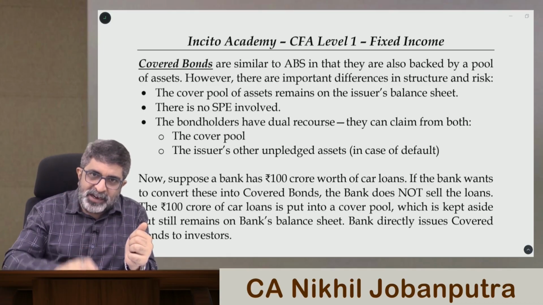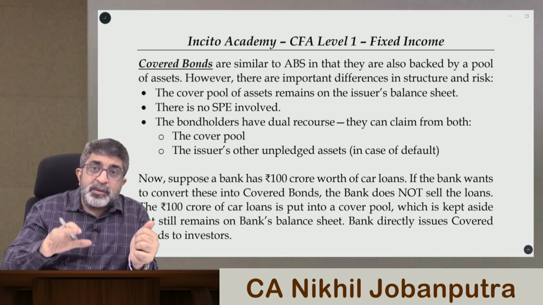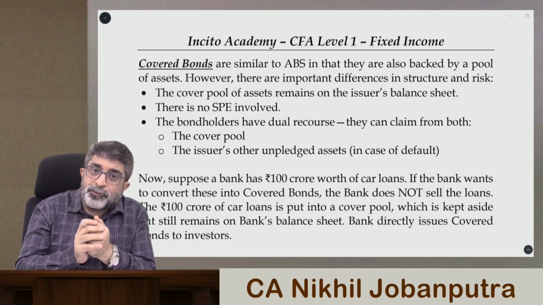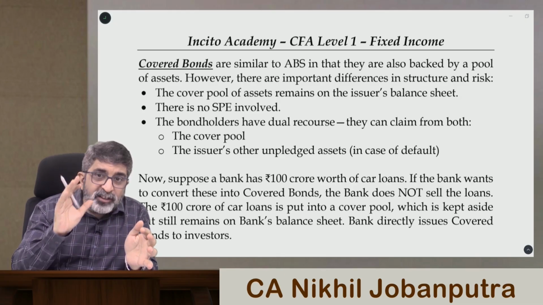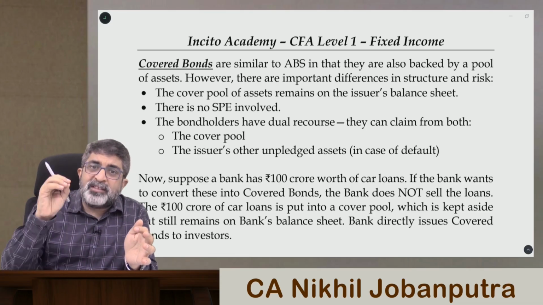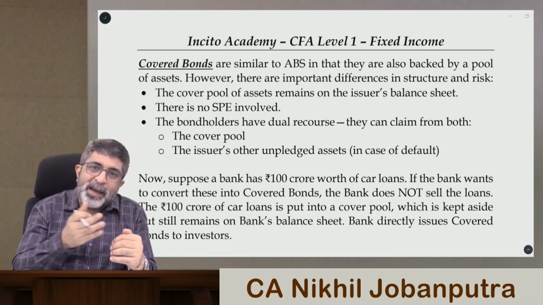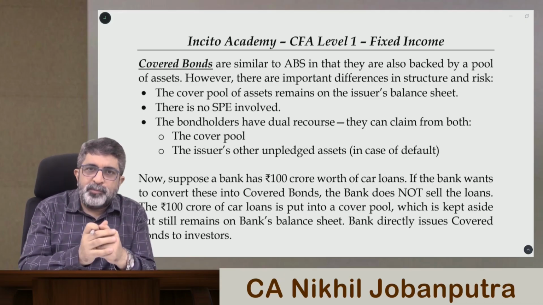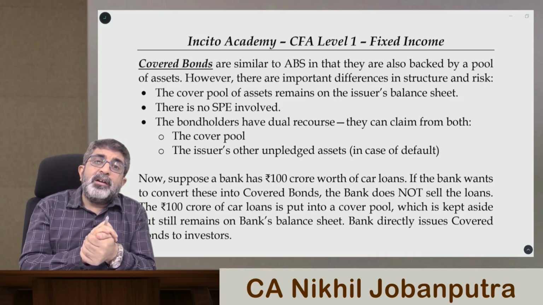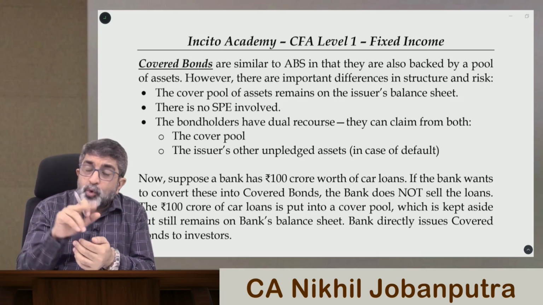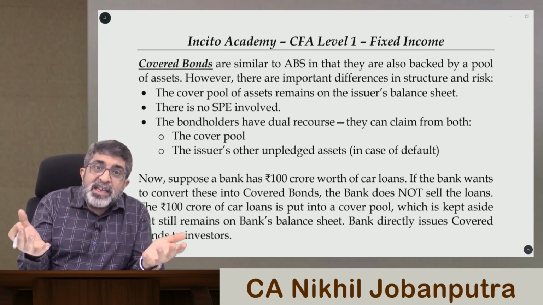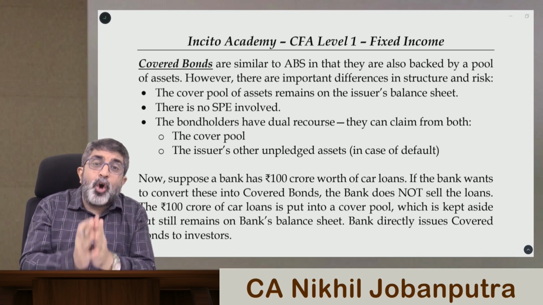The asset pool stays with the finance company. That means the finance company continues to have the right to receive the cash flows from that asset pool. It is not transferring this right to anyone, and therefore it itself is issuing bonds where the backing is still this asset pool. But the asset pool is not transferred to another entity, which is a special purpose entity. So there is no SPE coming into the picture at all.